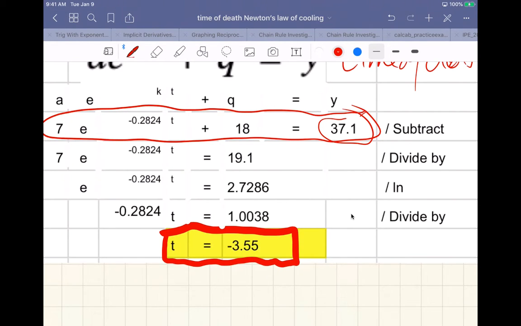Okay, so first thing I'm going to do is subtract 18 off both sides. Process is very similar to last time. And then I need to divide by that 7 right here, right? I have to get rid of that 7. And then I have this e to the negative 0.2824t. So I've got to do the ln of both sides.